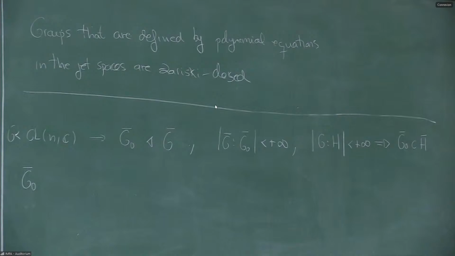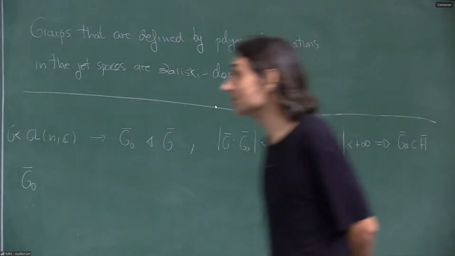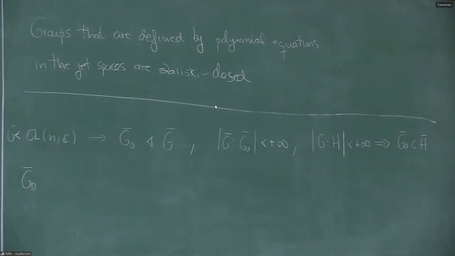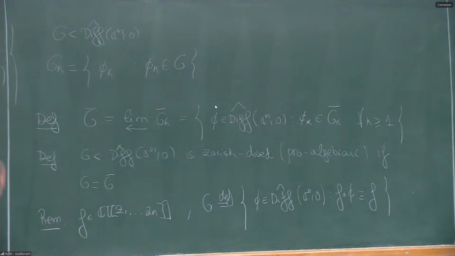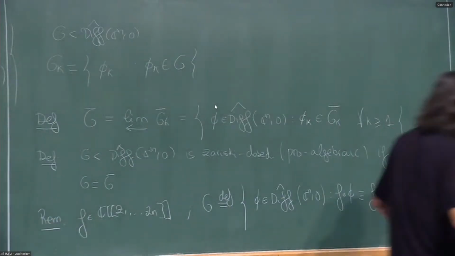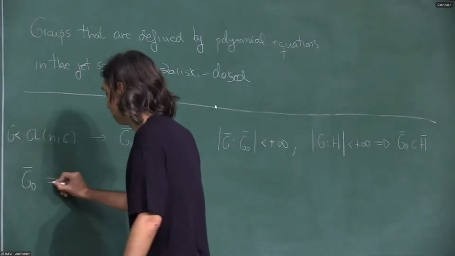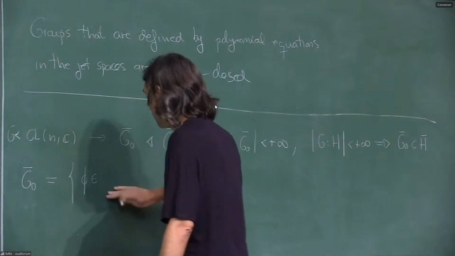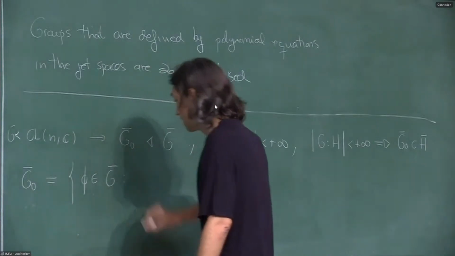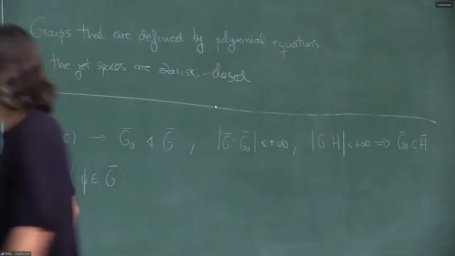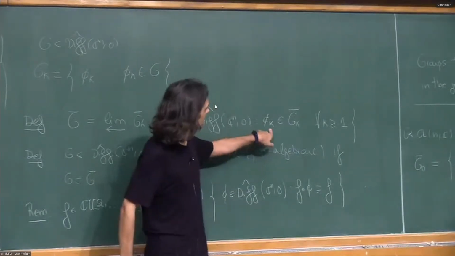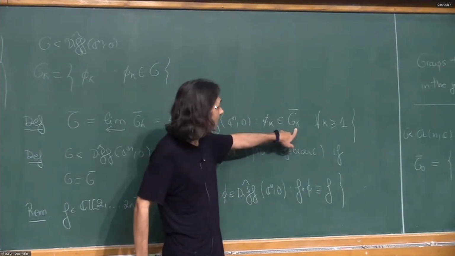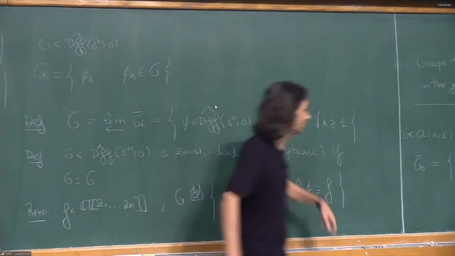You could try to define a topology or to consider the natural topology in the inverse limit, but we are going to try to do it in an inverse limit kind of way. We are going to say that those are going to be the elements in the Zariski closure such that the k-jet, instead of being in this closure, is in its connected component of the identity.